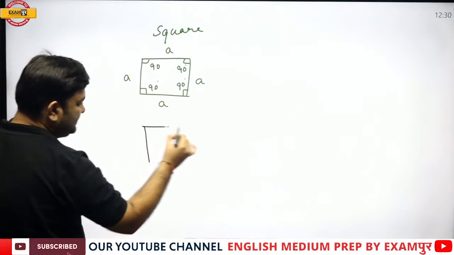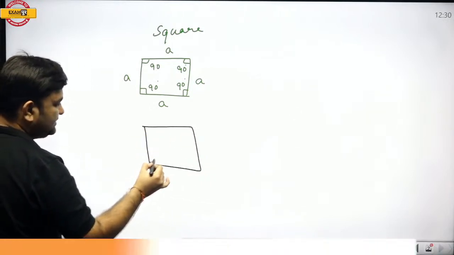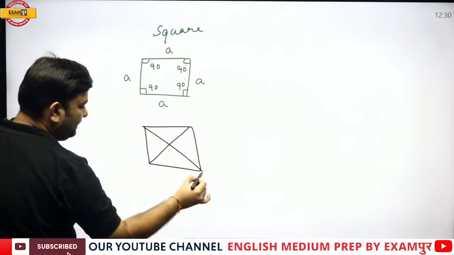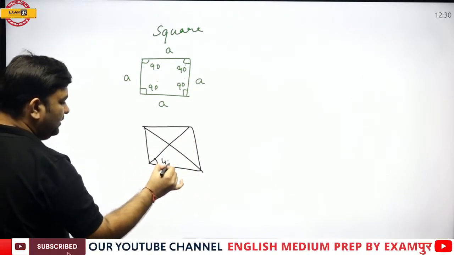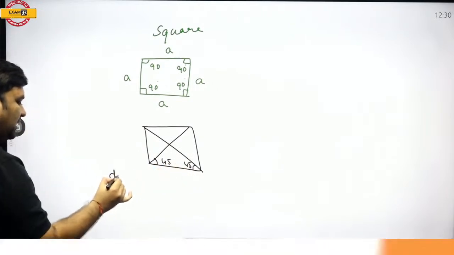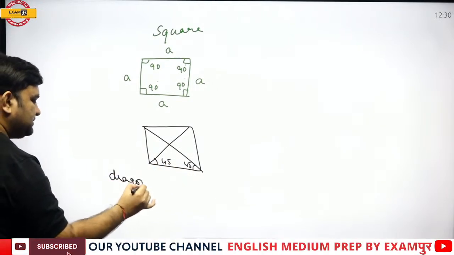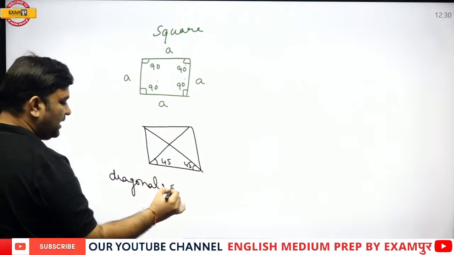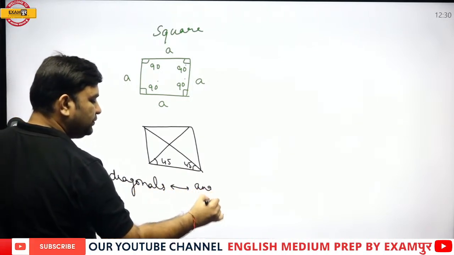Then the diagonals are angle bisectors as well.